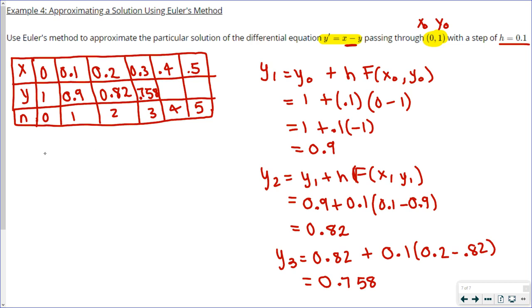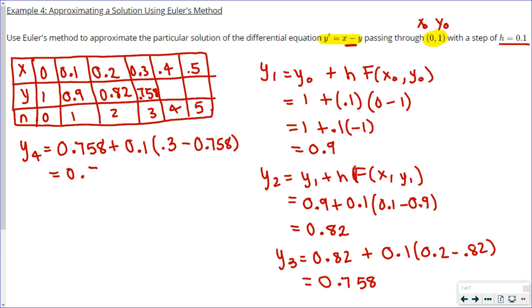Then we do it again for y sub 4: our previous y value plus our h value times our previous x value minus the previous y value. Add them up and multiply, and you get 0.712.